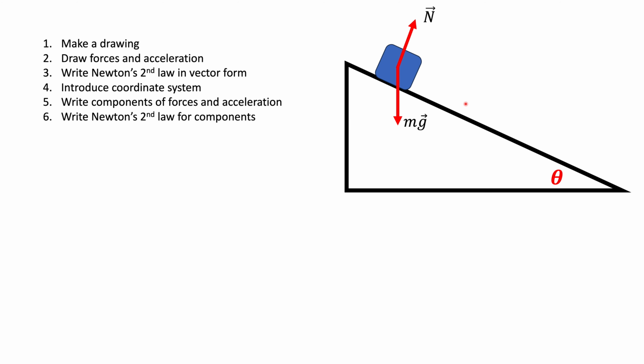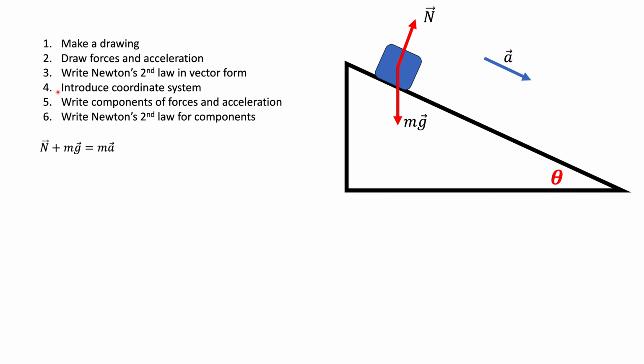And since the object is sliding down the slope, it's not jumping off the slope, it's not digging into the slope, acceleration should be along the slope. The next thing we want to do is to write Newton's second law in vector form. Newton's second law says that net force, or sum of all forces acting on this object, should be equal to the mass of this object times acceleration.